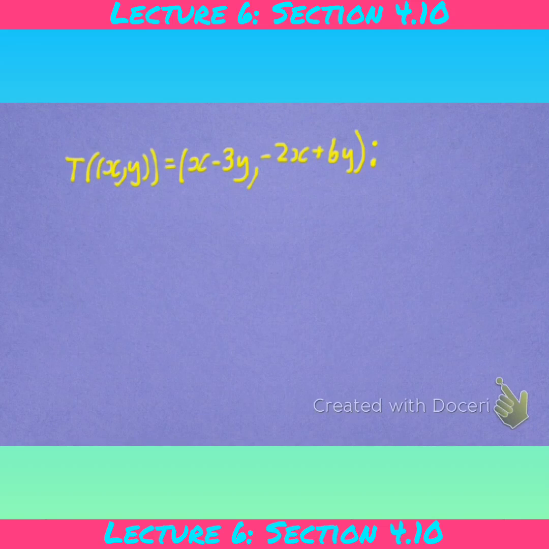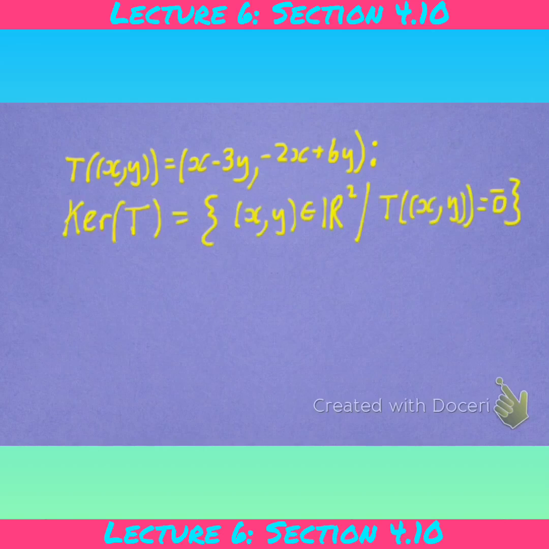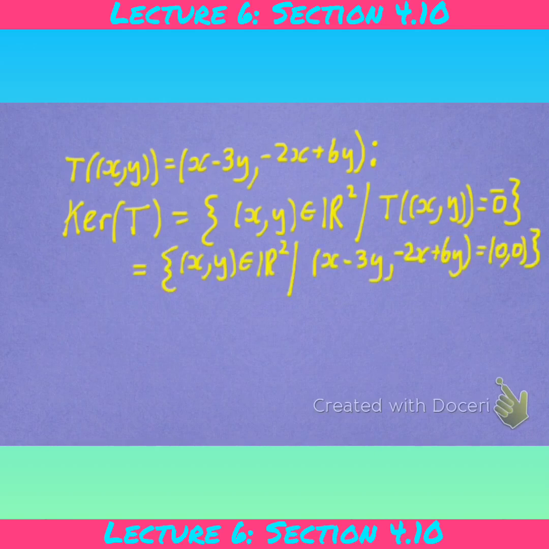It's all points x, y in R2 in this case that map to the zero vector, that is, all points in R2 such that the image of x and y under T has to be the zero vector.